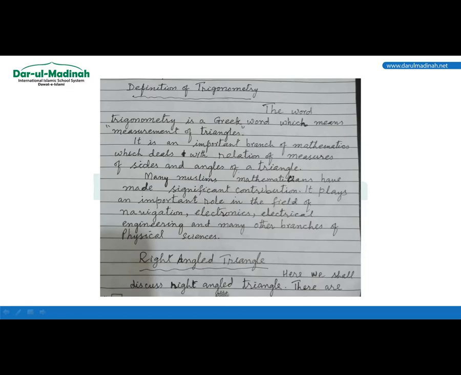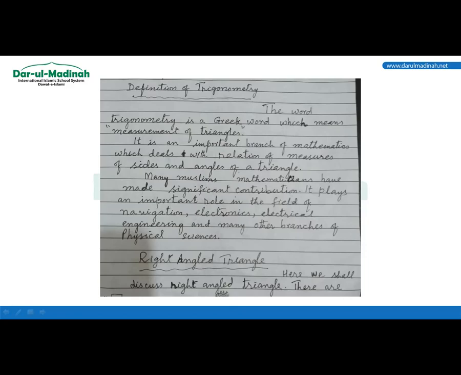The word trigonometry is a Greek word which means measurement of triangles. It is an important branch of mathematics which deals with the relation of measures of sides and angles of a triangle.